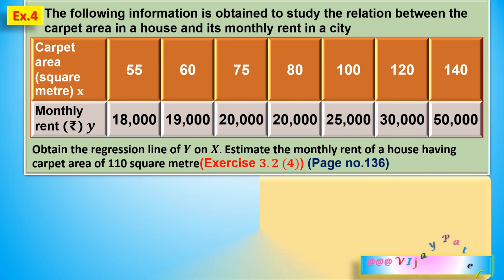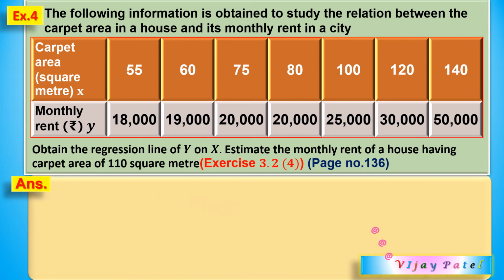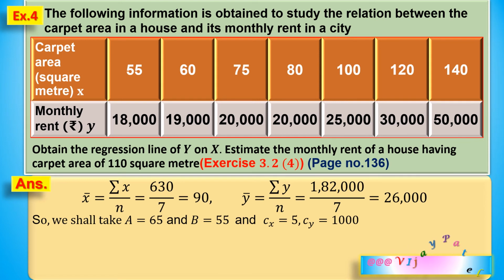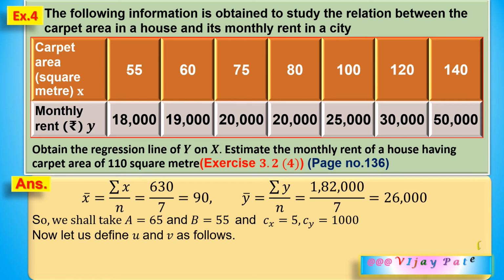Let's start with calculation. X bar is equal to sigma x upon n, which is 630 upon 7, which is equal to 90. Y bar is equal to sigma y upon n, which is 1,82,000 upon 7, which is equal to 26,000. We shall take a is equal to 90 as x bar and b is equal to 26,000 as y bar, and cx is equal to 5 and cy is equal to 1000.